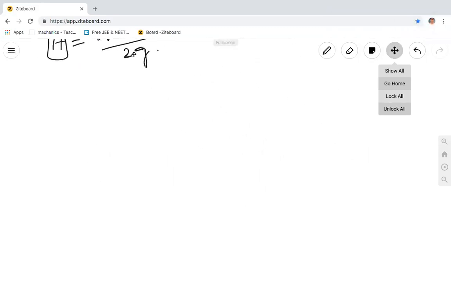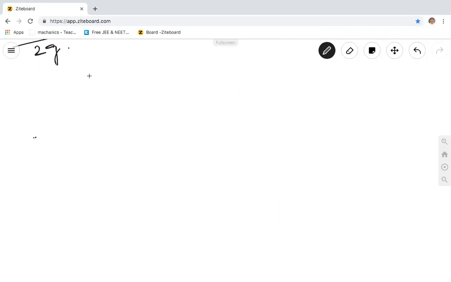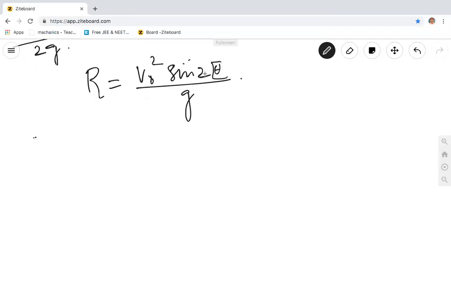That is one point. Another point I want to tell you here. Another interesting thing. Suppose you have range is equal to v0 square sin 2 theta by g. For what angle theta will the range be maximum? 45. That will be, for the same velocity and the same g, of course g is the same.